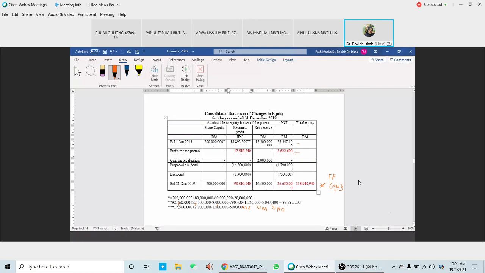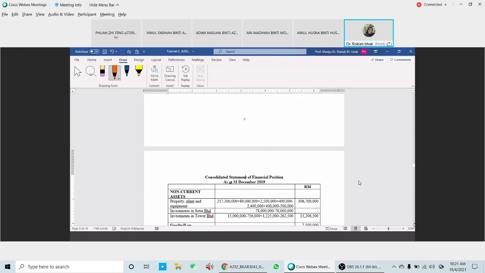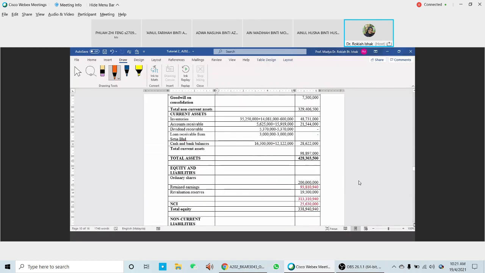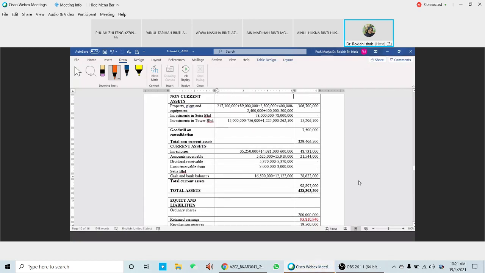Okay, and then the next one, you're going to look at the statements of financial position. For financial position, just add the assets between parent and subsidiaries. Look at the item for the investments, which will be 0 because we're going to eliminate the investments.